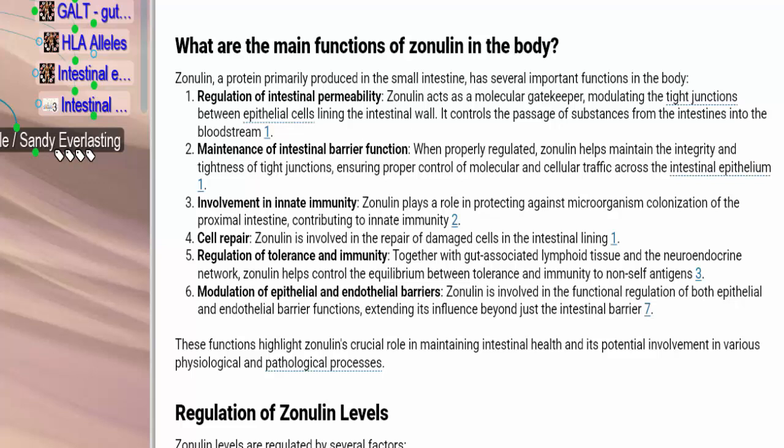It regulates tolerance and immunity, together with GALT, the gut-associated lymphoid tissue. That's going to be a future class. And the neuroendocrine network. It helps control the equilibrium between tolerance and immunity to non-self antigens. It modulates epithelial and endothelial barriers.